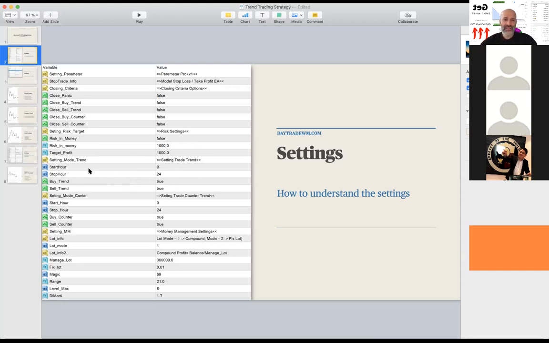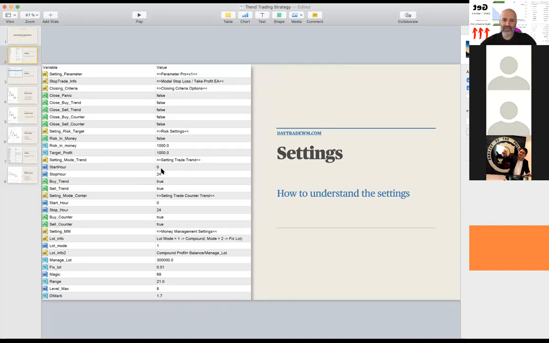Now here you can select the time of the day where you want it to take new trades. So let's suppose you put it from 6 in the morning to 6 in the afternoon. This is based on the server time. So it will look at the server time of your broker, okay? And not your computer time. Now, what it will do, it will take new trades only during 6 to 18.